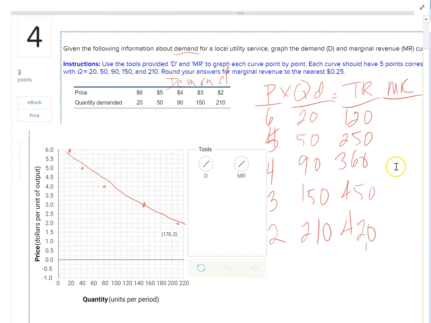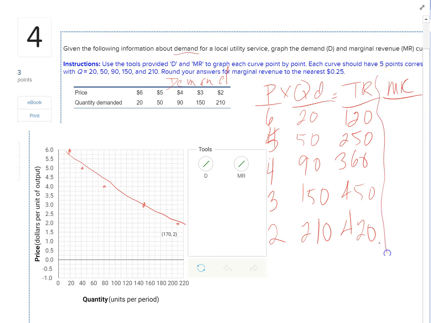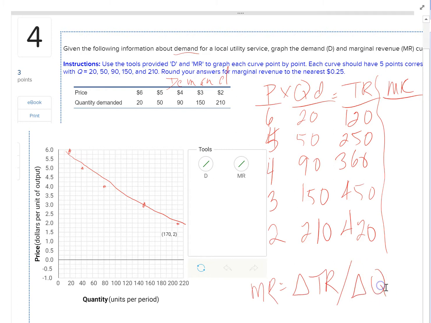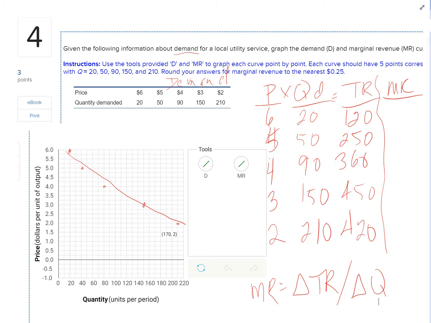Now the marginal revenue, watch out for this one. This one's a little trickier than the ones we have done in the past, because marginal revenue is the change, let me write the formula down here, is the change in total revenue divided by the change in quantity. And the change in quantity here isn't that nice neat 1 every time. So you're going to set this up and it's going to go like this.